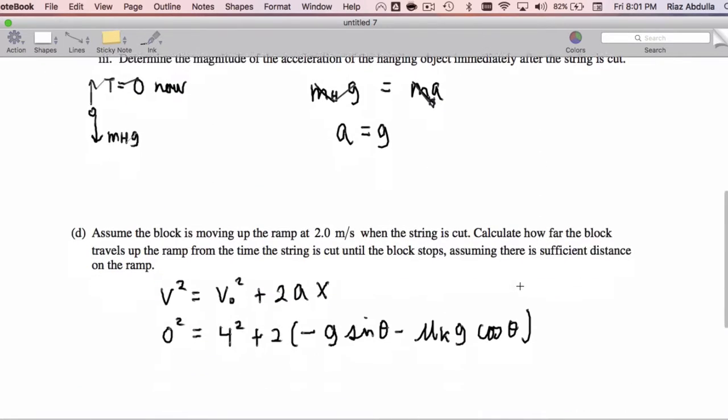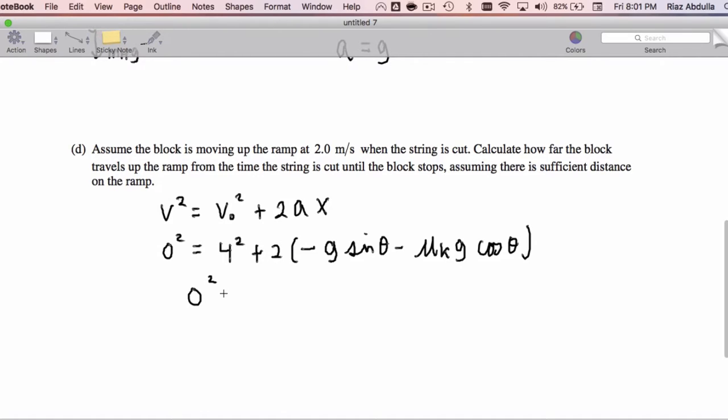So I'm going to put here 0 squared equals, oh my gosh, 0 squared equals 16 plus 2, and there's an x there, times the acceleration, which is negative 5.87 times x.